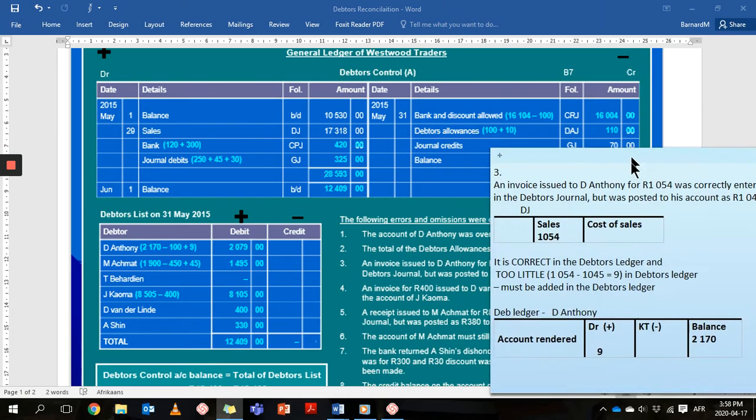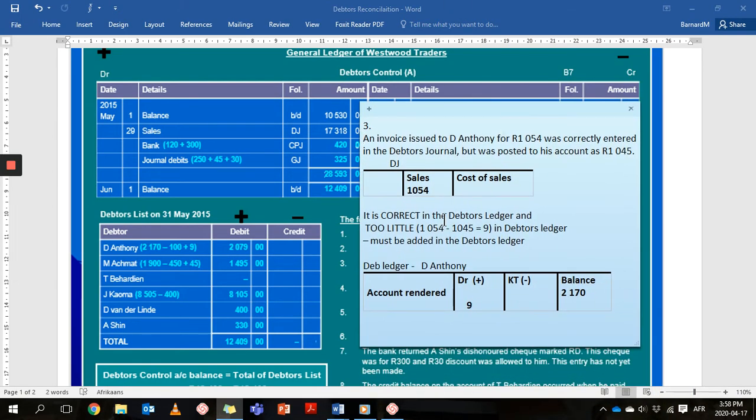I'm first going to look at number 3, which says, an invoice issued to D. Anthony for $1,054 was correctly entered in the DJ. That means if I look at the entry over here, it is correctly entered there.